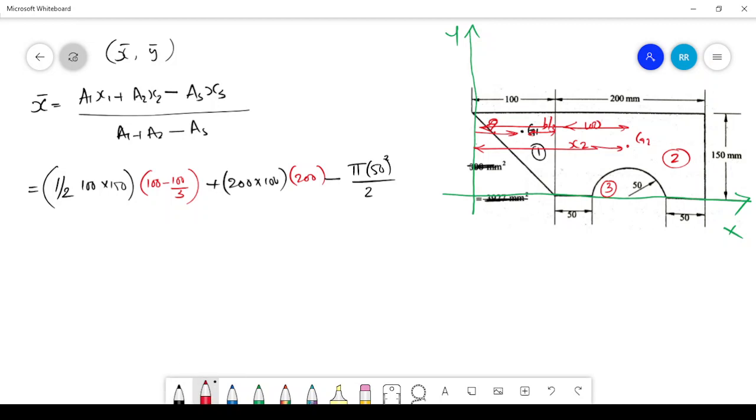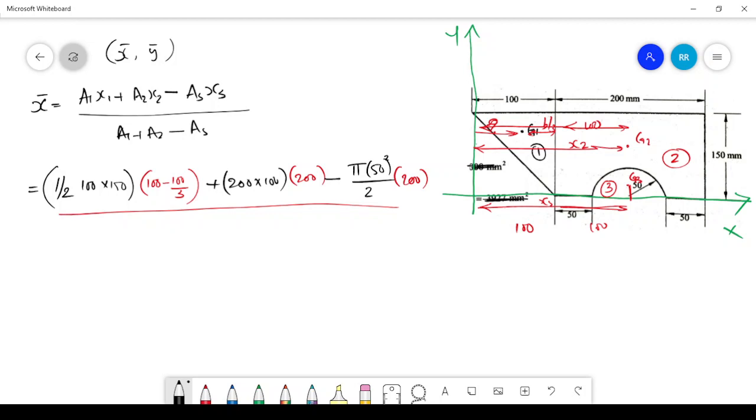X3 means, if this semicircle has its centroid at G3, x3 will be this entire distance. I know that this is 100, and this distance to the center of the semicircle is also 100. So the total distance is 200, divided by a1 plus a2 minus a3.